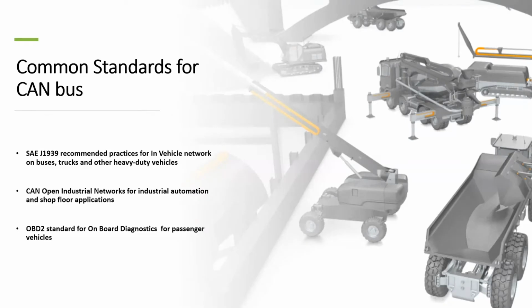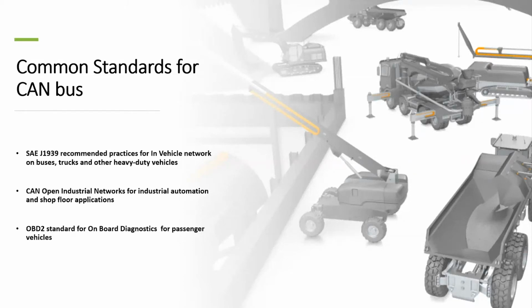The standards that drive the CANbus infrastructure and components: you have SAE J1939. I know a lot of you are familiar with this one. This is in relation to large vehicles, buses, trucks, heavy duty vehicles. Then there are also a lot of applications in industrial automation, and CANopen is the spec that drives that.